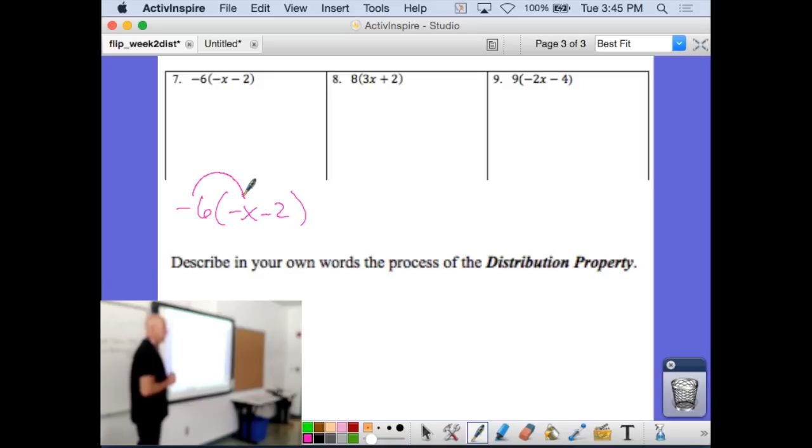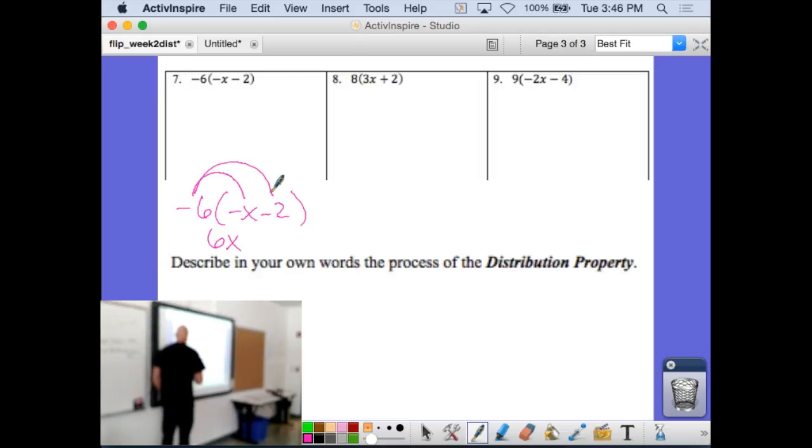That's good. 6x. Because, and we'll do this in the vocabulary on Monday, negative times negative is what? Positive. So you have 6x. And then negative 6 times negative 2 is going to give us positive 12. Good. So what do we put here? Plus 12. Okay.